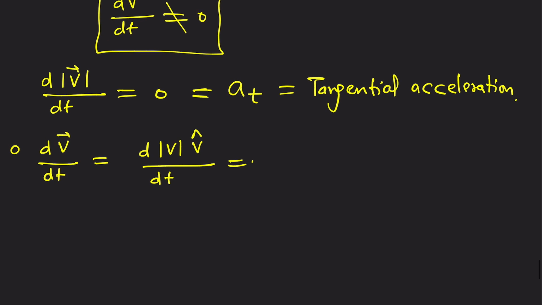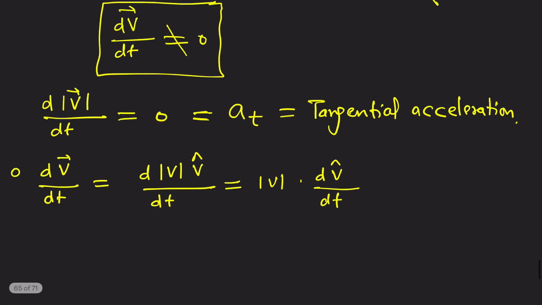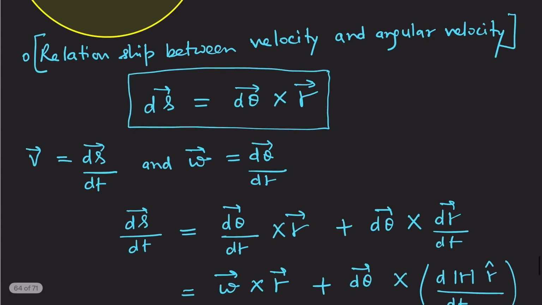Now the |v| is not changing with time, so we take |v| outside, and what remains is dv cap by dt.